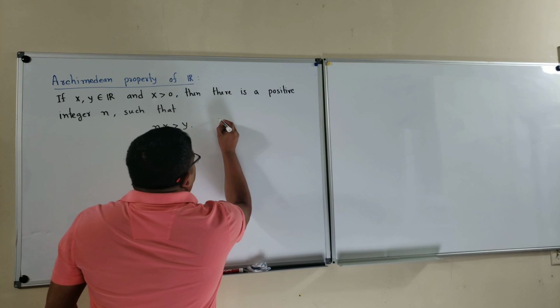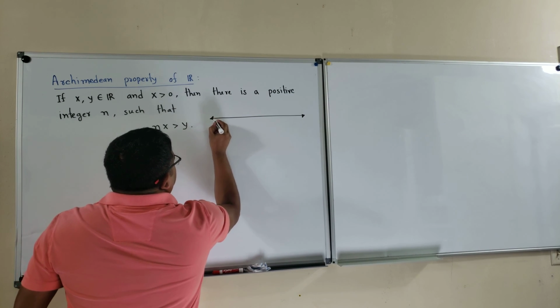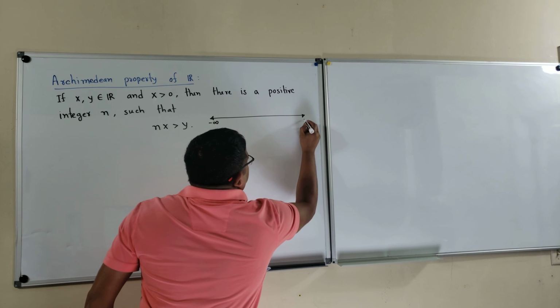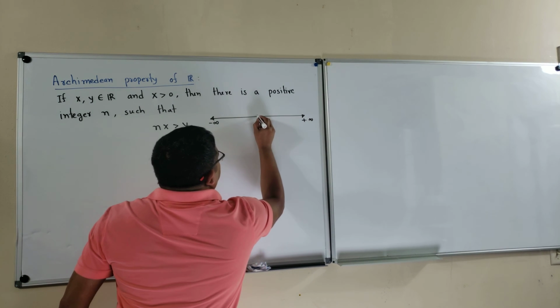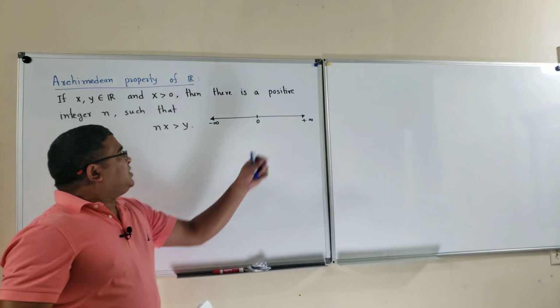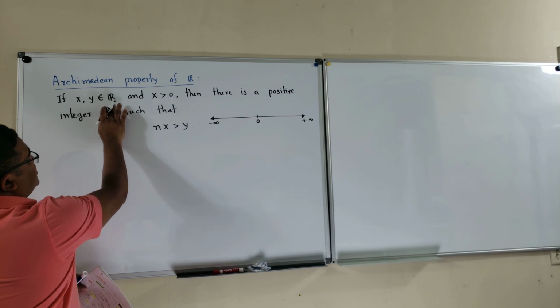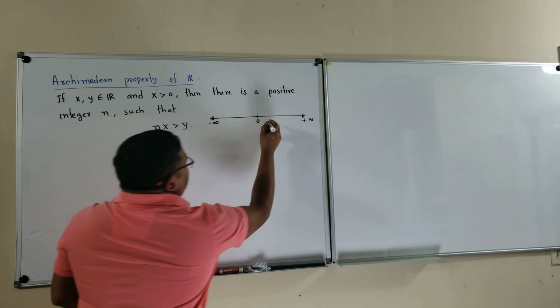It says that on the real line, so this is negative infinity, this is positive infinity, this is 0, this is the real line. So, x, y are real numbers, but x should be more than 0.